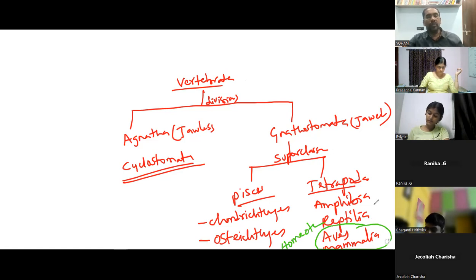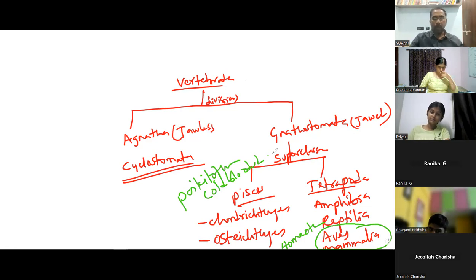And the rest of the animals are poikilotherms, or cold-blooded animals. Okay, Amma? Now let us see these classes one by one.